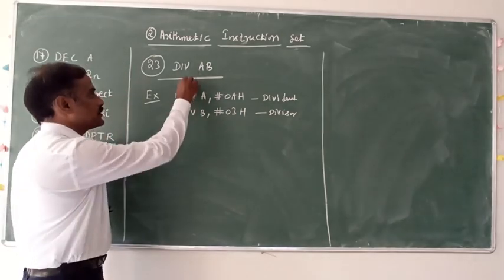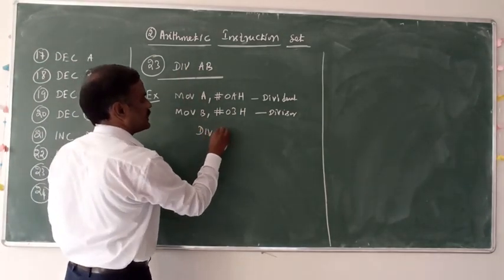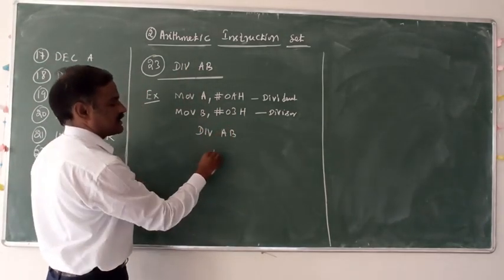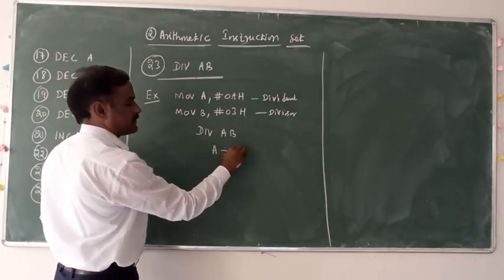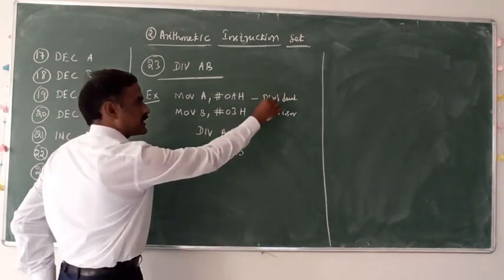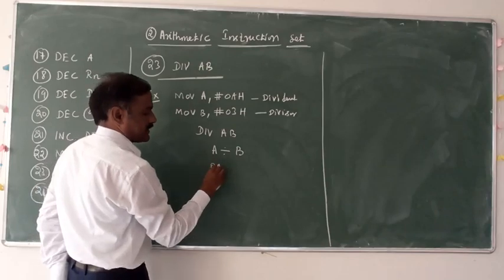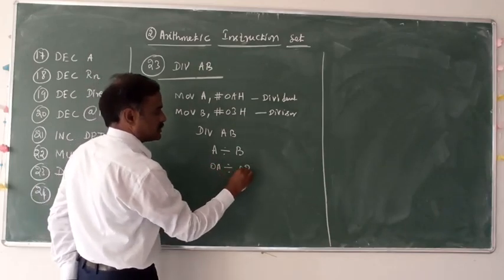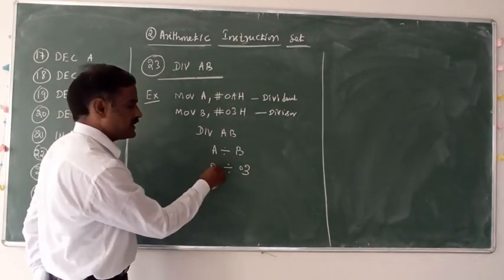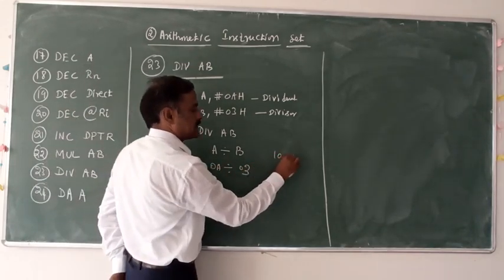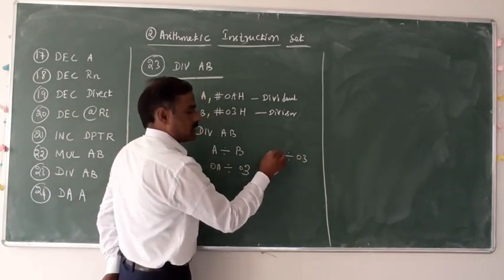Okay. Now to use DIV AB means now divide A register data with B register. A register data 0A divided by 03. 0A means in decimal 10. 10 divided by 3. Okay.